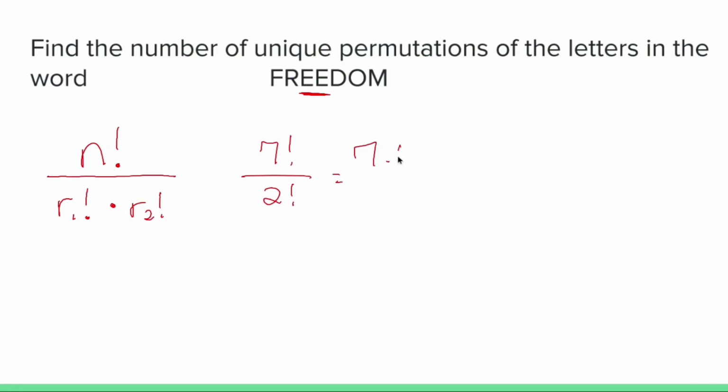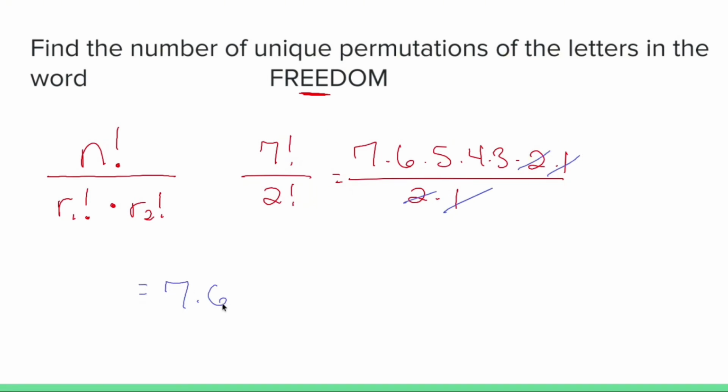So that's 7 times 6 times 5 times 4 times 3 times 2 times 1 over 2 times 1. The 2 and the 1's cancel each other out. And you are left with 7 times 6 times 5 times 4 times 3, which ends up being 2,520.